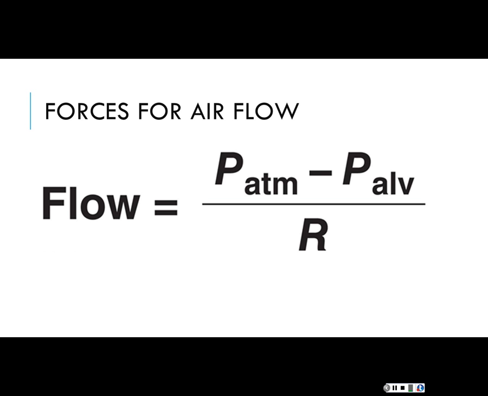If we look at the resistance and review our anatomy of the respiratory system, going back to figure 16.3 that we looked at last time, we looked at the diameter changes. Where did we see the greatest change or plummet in lumen diameter of our conducting zones?